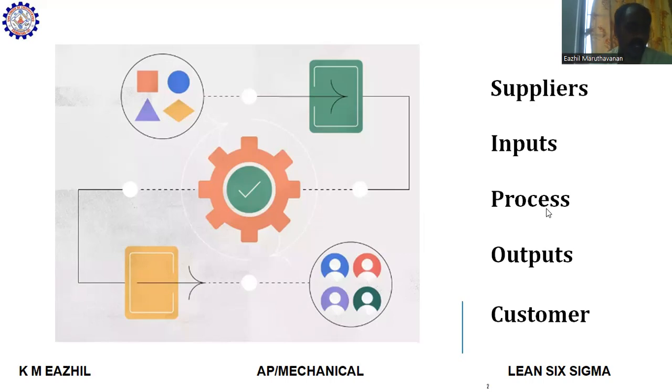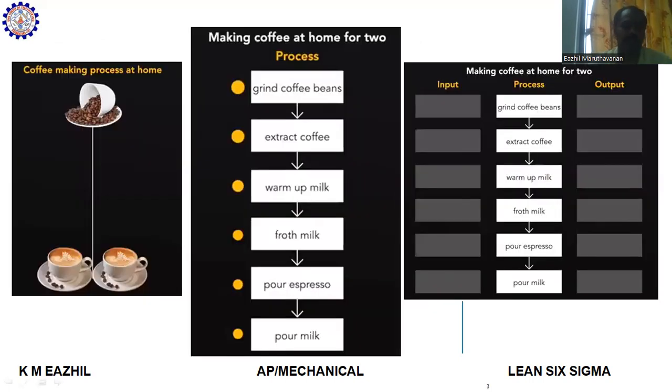As already said, the acronym SIPOC stands for Supplier, Input, Process, Output, and Customer. Let us see in detail how to create a SIPOC.